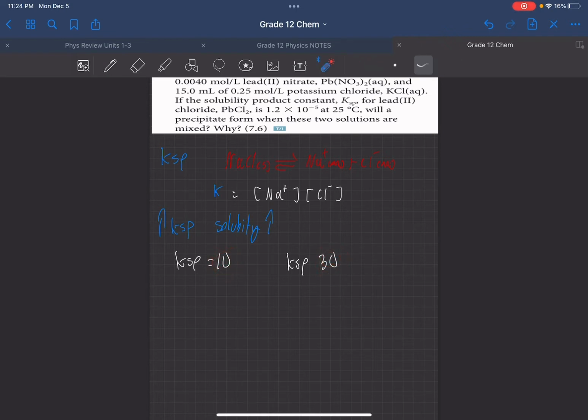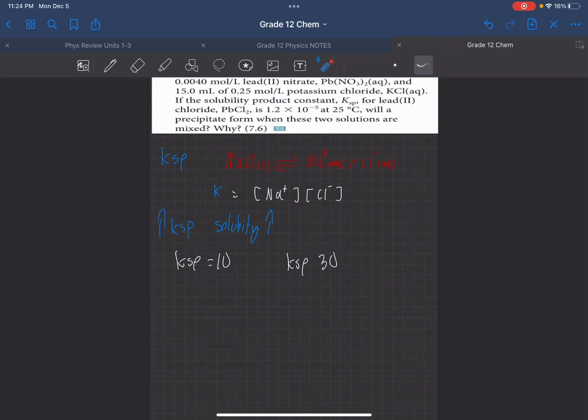That means at equilibrium, because this is a ratio over our reactants, but since there's no reactants technically, right, it's just a product. So at equilibrium, we can hold more ions. We are allowed to put more ions to reach equilibrium. So the greater the KSP, the less likely a precipitate will form. So a precipitate is just a fancy word for solid.